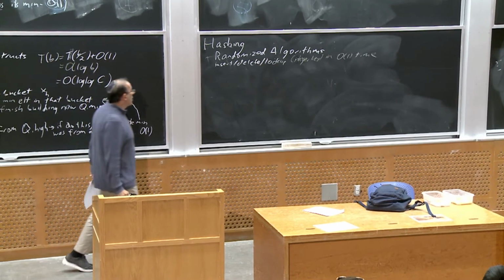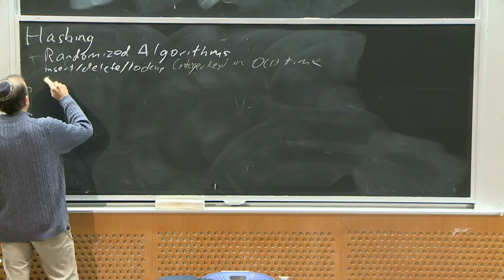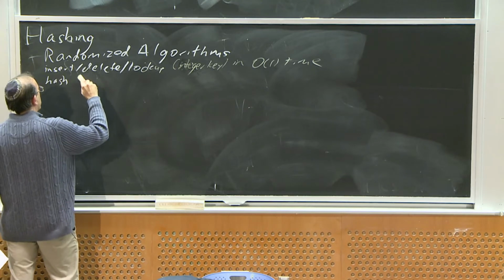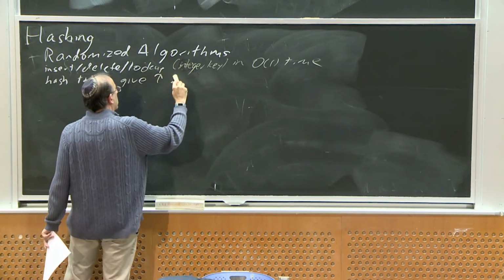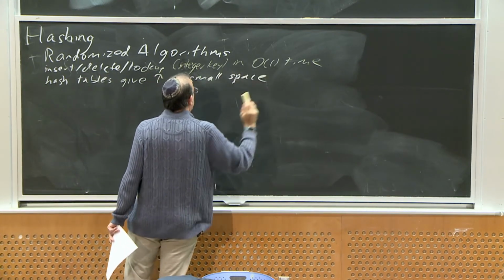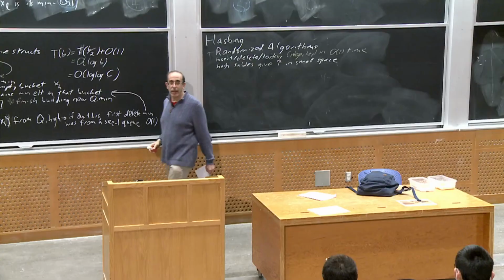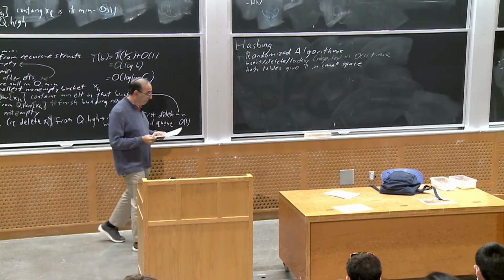The whole idea of hash tables is to get that in small space. So they're really just a space-saving technique. They don't provide any new operations better than the ones that you can already get with an array.